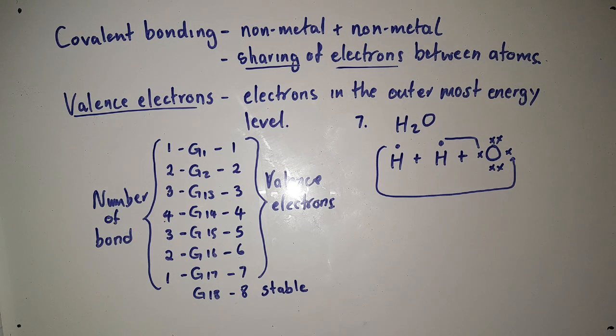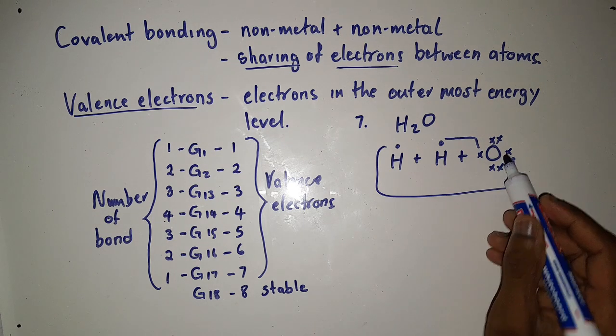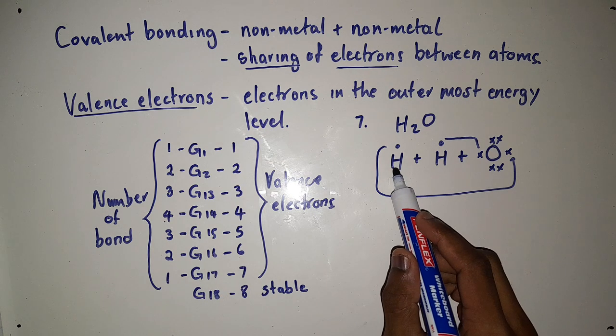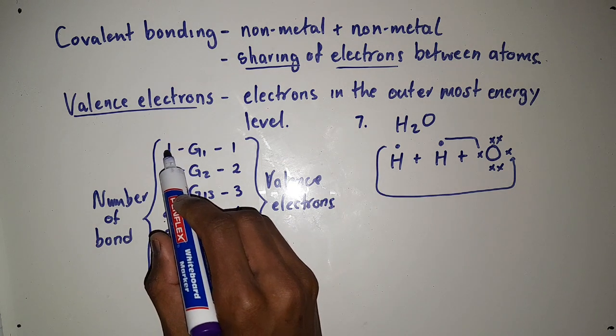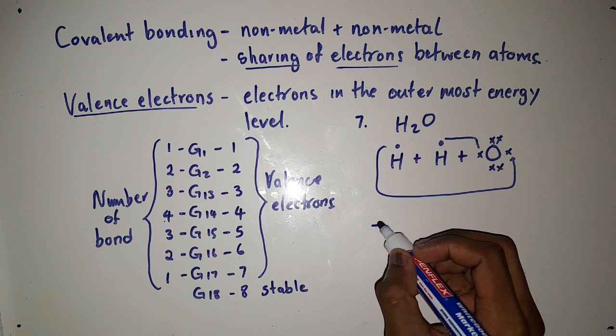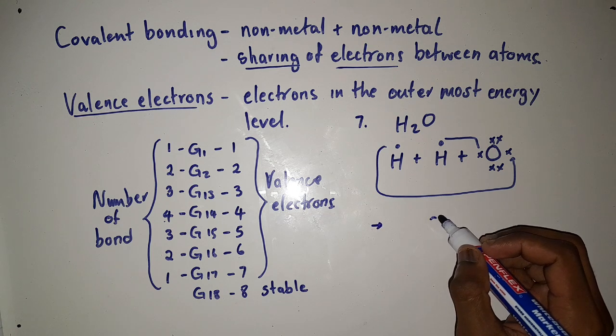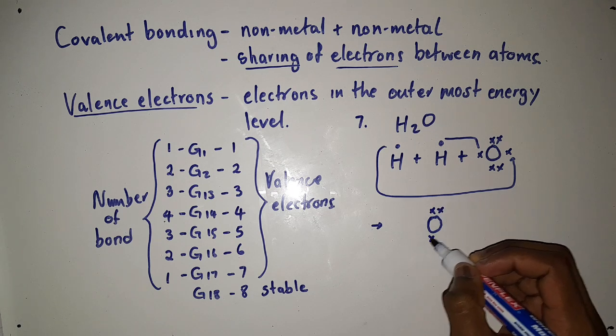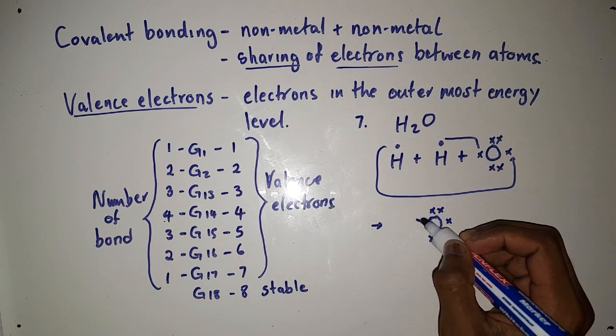At the end of the day, oxygen group number 16 with valence electrons of 6, has 2 bonds, but hydrogen has 1 bond, which means O is going to be situated in the middle, like this.